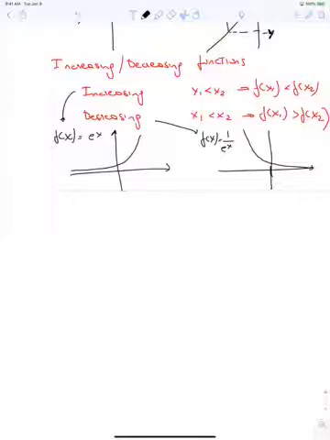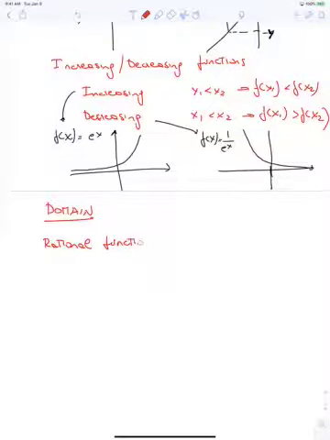Well, let's try to define some general rules about the domain of a function. So if we have rational functions, in general the domain is the set of real numbers, for example for polynomials, unless you have a fraction.